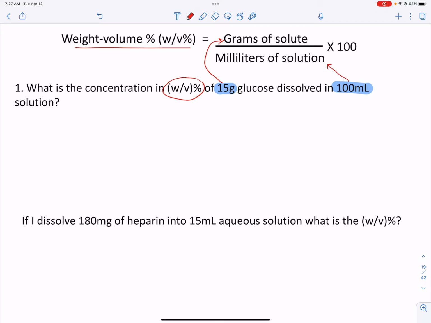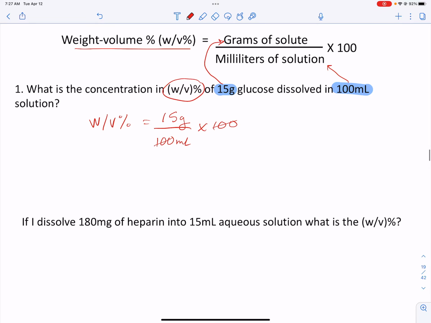So the weight volume percent is going to be equal to 15 grams over 100 milliliters, times 100. This problem is honestly too easy for you guys. Some of you are grabbing your calculators right now. You should, at least. You'll want a calculator out for the rest of this video. But 15 divided by 100 times 100, you might notice that these cancel, and so it just ends up being 15%, right?